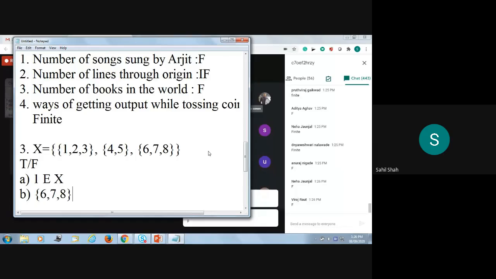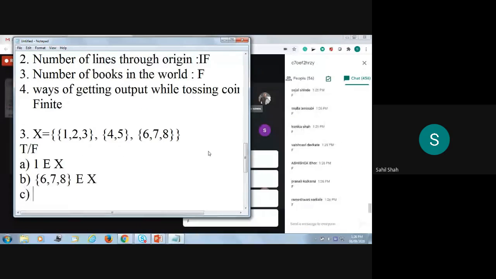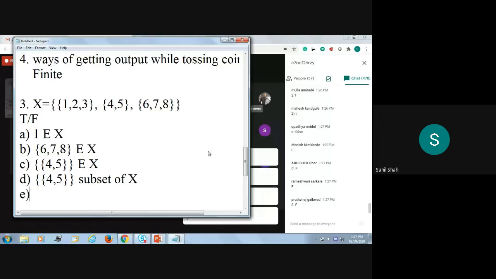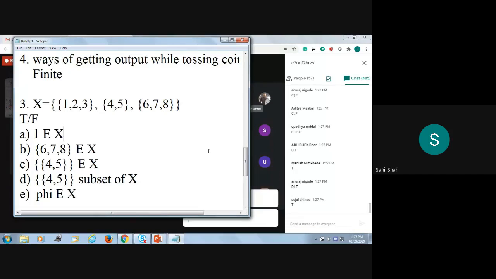That 8 belongs to x. Yes. So answer for first: 1 belongs to x is, I think, false because we are not having any such element present.